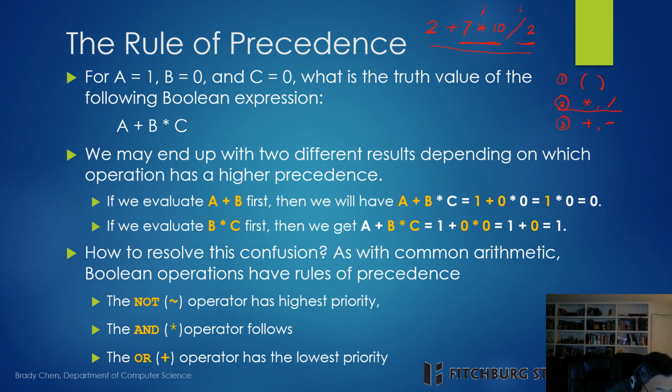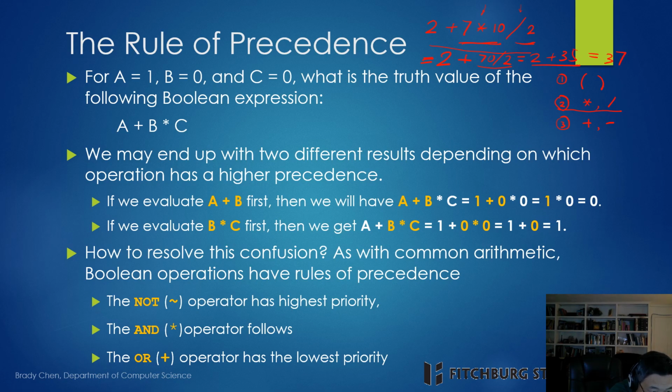Once you've done this, 7 times 10 is 70, divided by 2. The next step is to evaluate the division. So 2 plus 70 divided by 2, that's 2 plus 35. Then we evaluate the addition, which is 37.